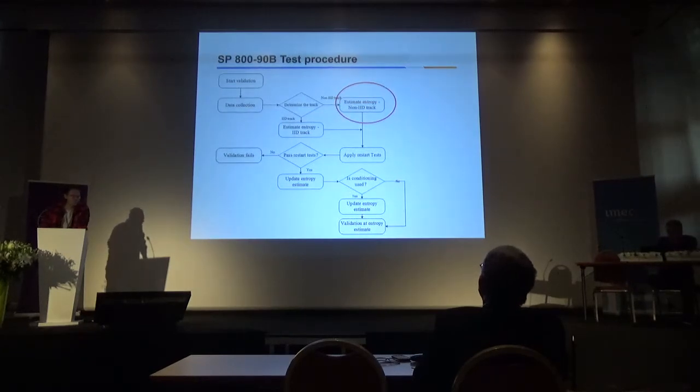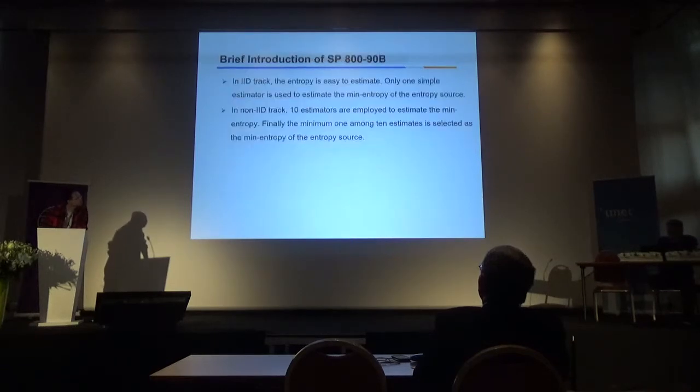First, we need to collect data and then determine the track. That is to check whether the data are IID or non-IID. We focus on the non-IID track. Because in the IID track, the entropy is easy to estimate.